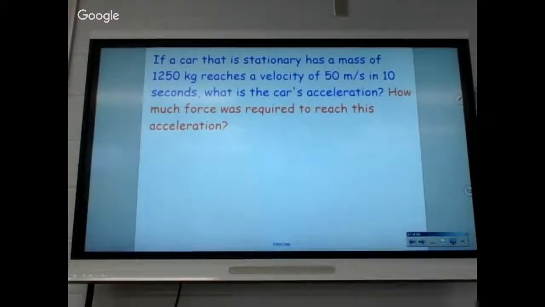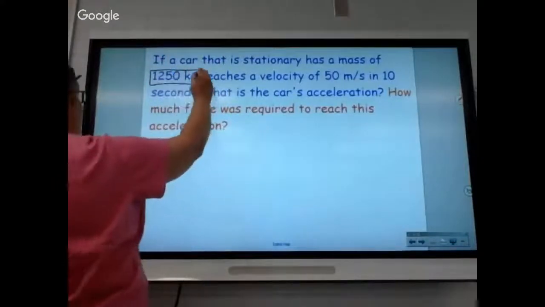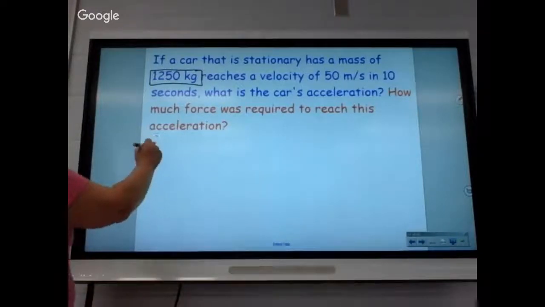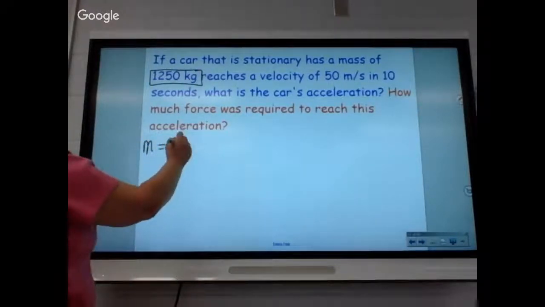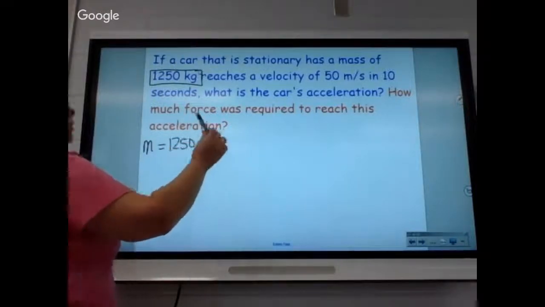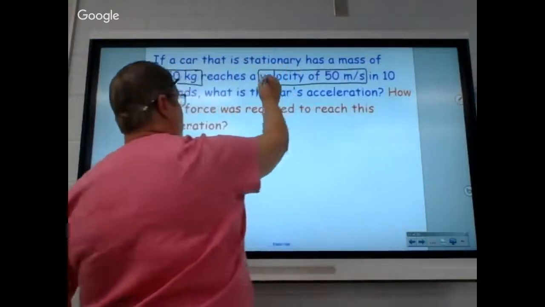So, when you look at the question, what can you tell me this is, first of all? It's a mass. So we know mass is 1,250 kilograms. What can you tell me this is?